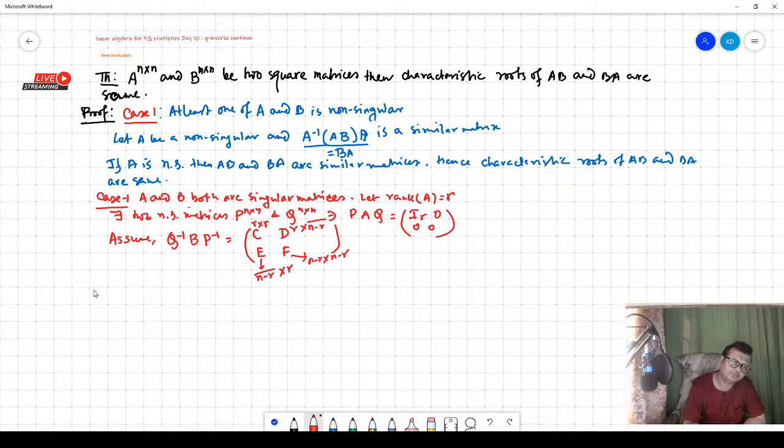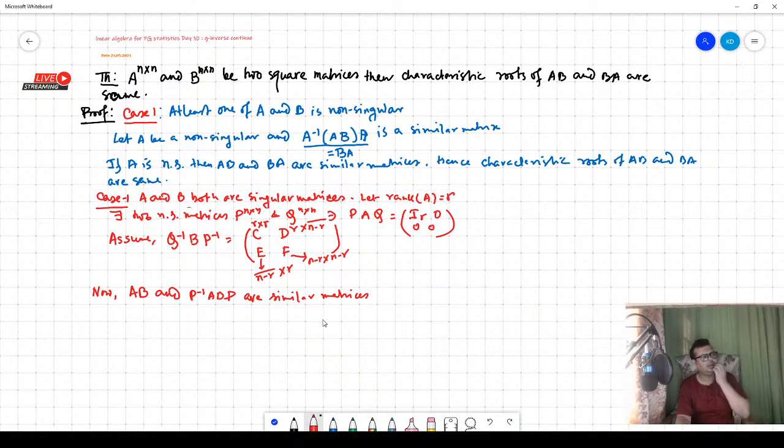Now, since P and Q are both non-singular, AB and P inverse ABP are similar matrices.